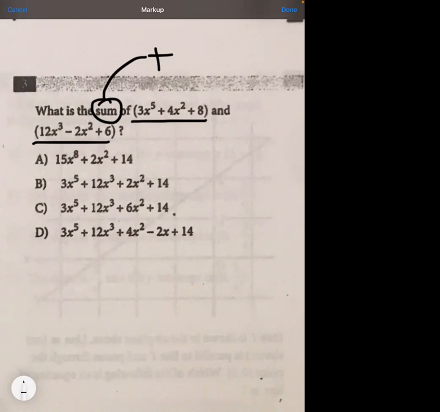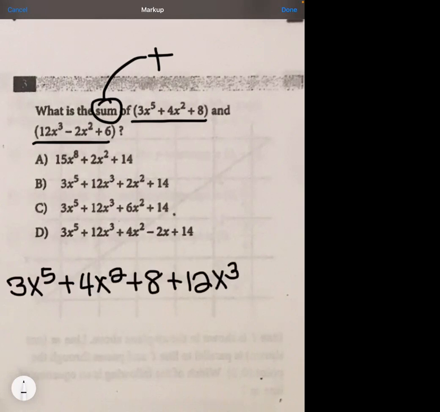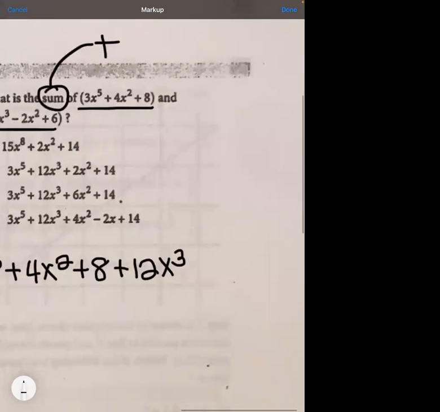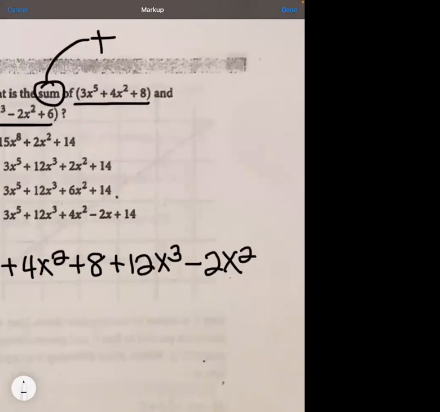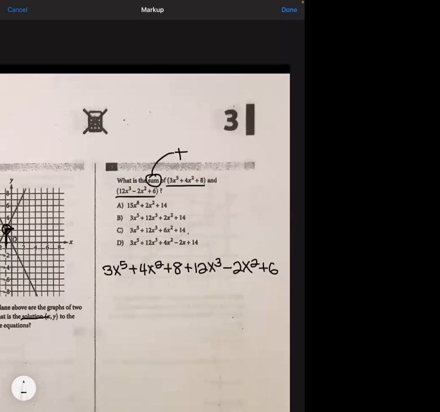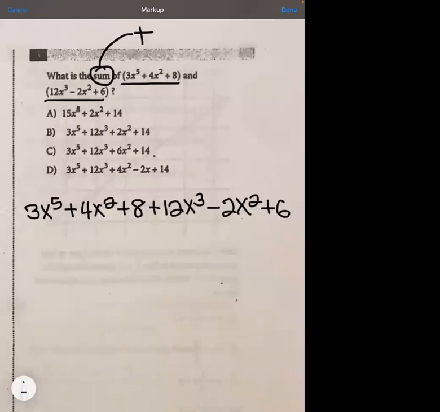So we could just write 3x to the fifth plus 4x squared plus 8 plus 12x to the third minus 2x squared plus 6. All I did was copy down the two values that the SAT wants us to add.